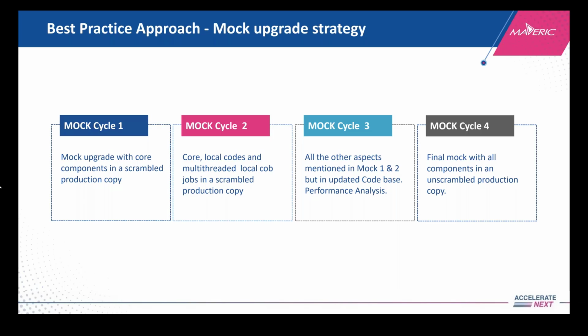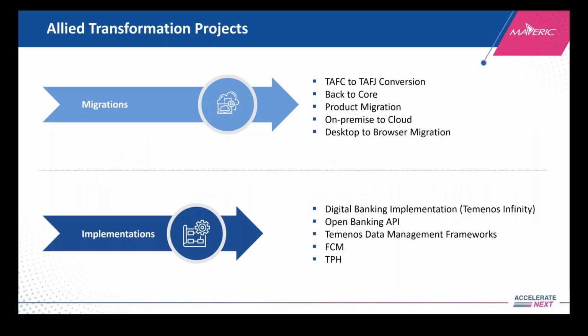Okay, now I will quickly take you through the allied transformation projects related to the upgrade. As we had seen earlier, some of them are migration projects like the TABC to TABJ or back to core or the product migration.